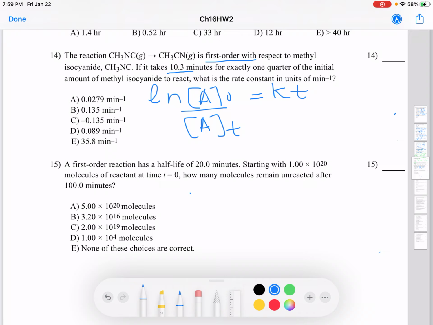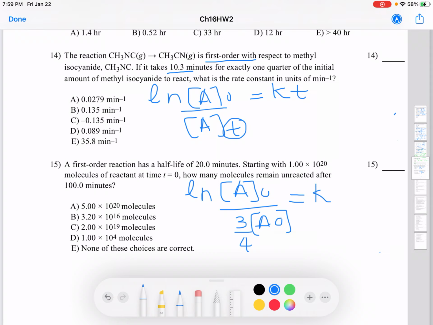Now it says 1/4 of the initial amount of methyl isocyanide to react. So then how much do we have right now? If 1/4 has been reacted, we do have 3/4 left from the initial amount, meaning 3/4 of A naught remaining equals k. Rate constant is what we want to find out, and then the time is 10.3.